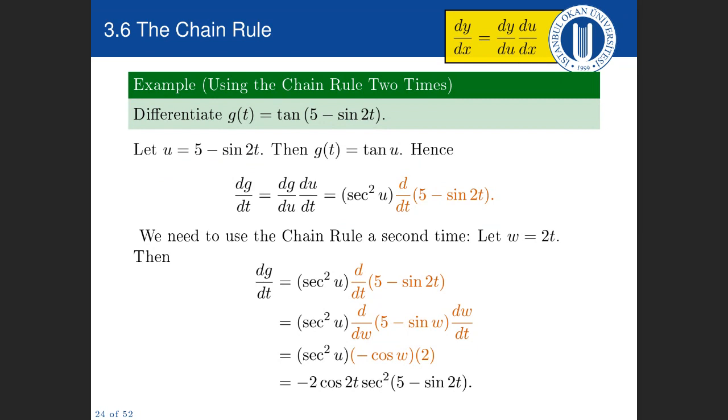So now I'm looking at my function 5 minus sine 2t, and again, I want this to be a function of a function. So I'm going to need to choose a new letter. Choose any letter that you want. I've already used u, so I can't use u again. I'm going to choose w. Looking at 5 minus sine 2t, I choose w equal to 2t, because then that becomes 5 minus sine w.